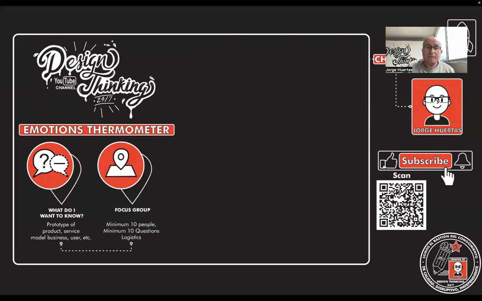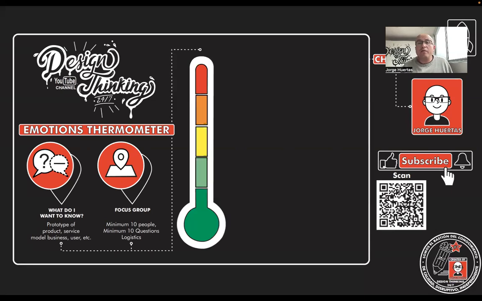When you know that, you can use this tool with a specific focus group, or you can also use it with a single person if you want to know something specific, but I recommend developing a focus group.